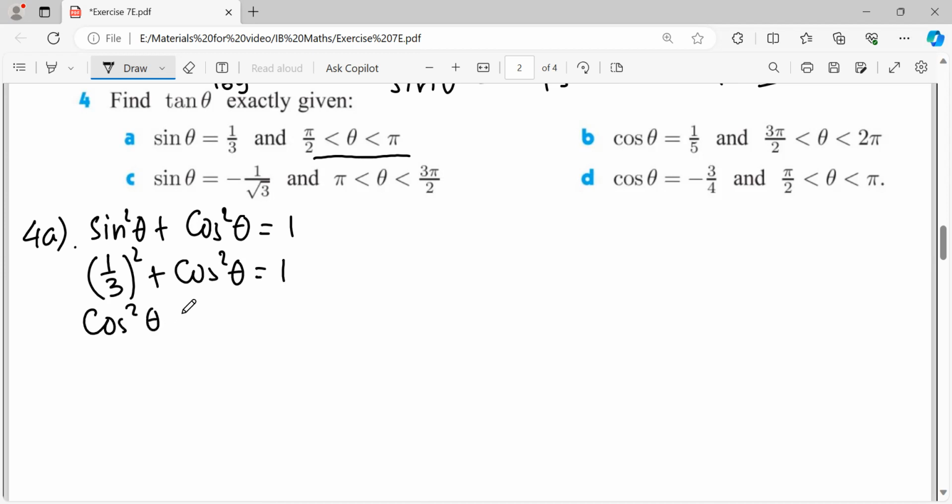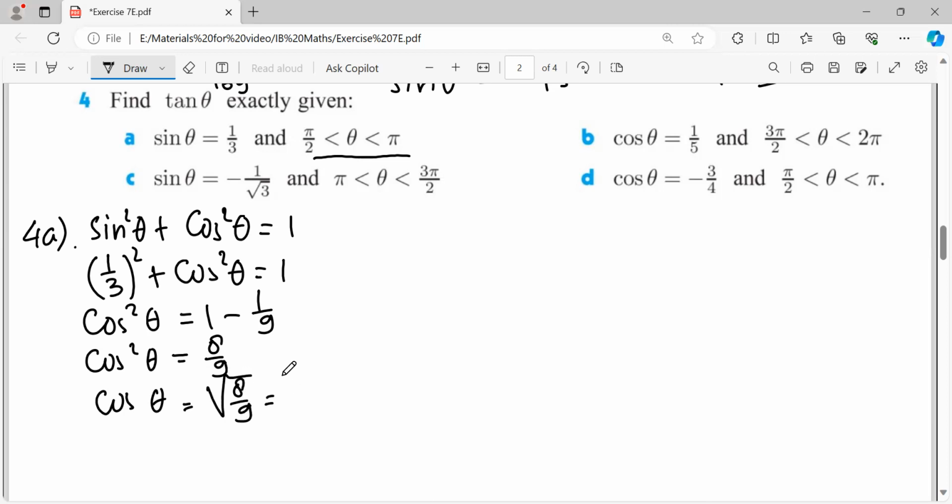Cosine squared theta equals 1 minus 1/9, so cosine squared theta equals 8 over 9. Cosine theta equals the square root of 8 over 9, or 2 square root 2 over 3.